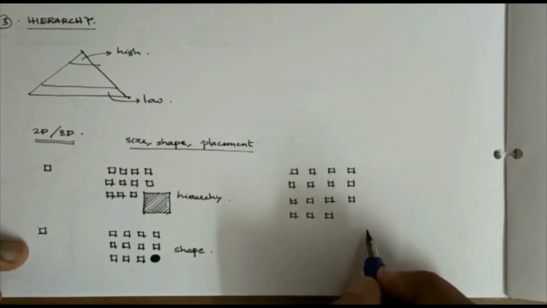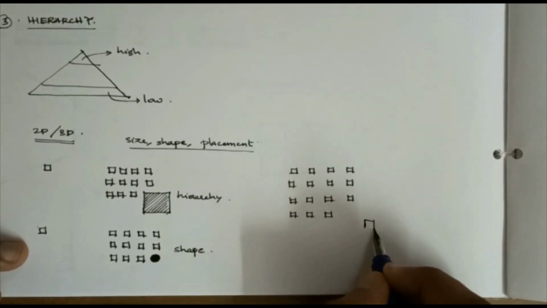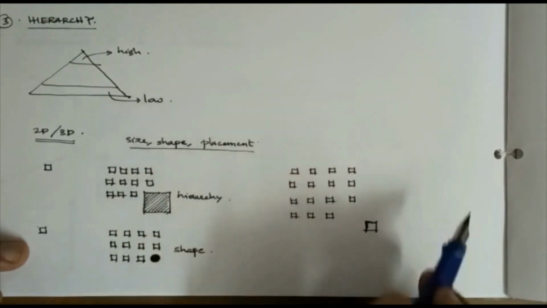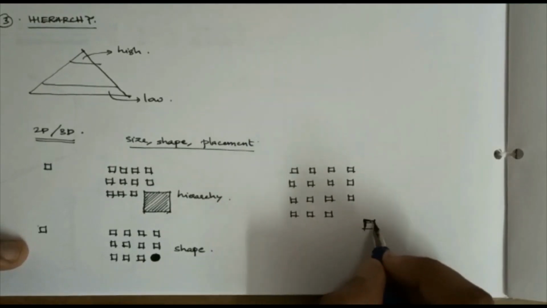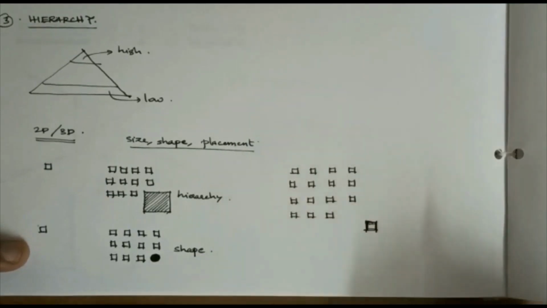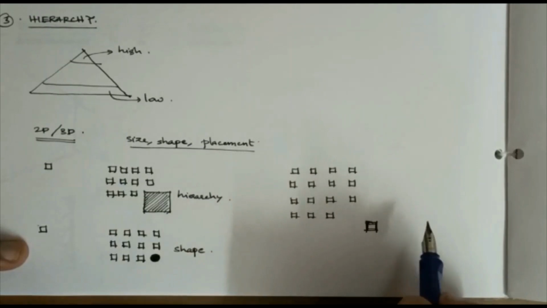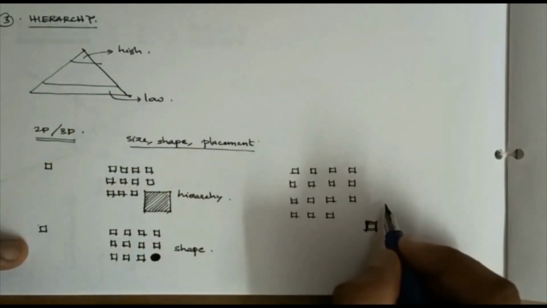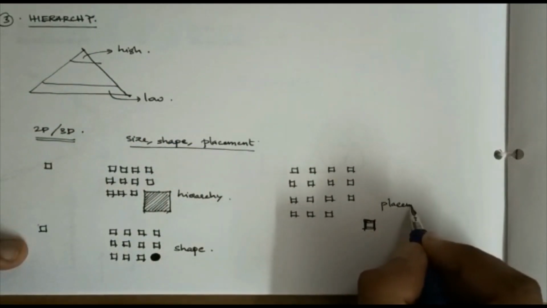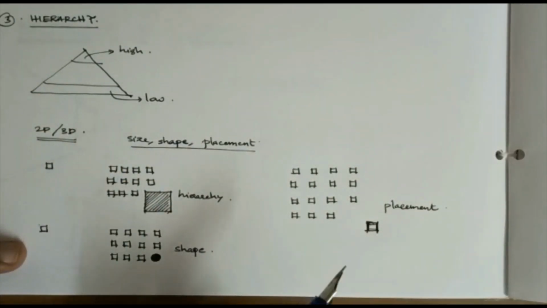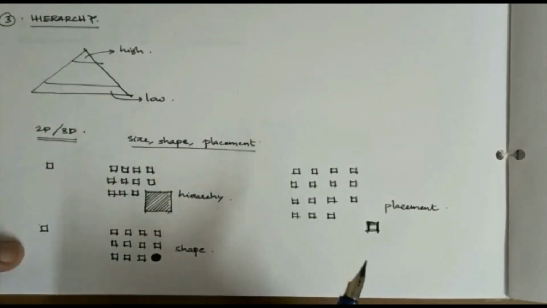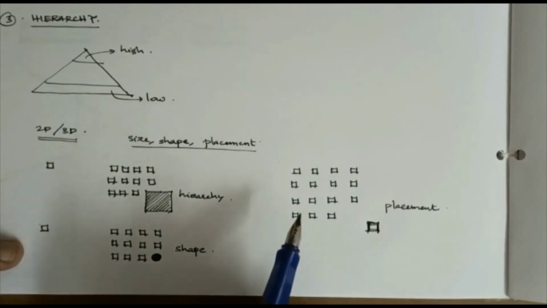Maybe I am placing it here, or suppose I am placing it here. Imagine the size is the same, nevertheless in spite of it the hierarchy is given here in terms of its placement. So this is how hierarchy can be used as an entity, as an ordering principle in any 2D or 3D composition.